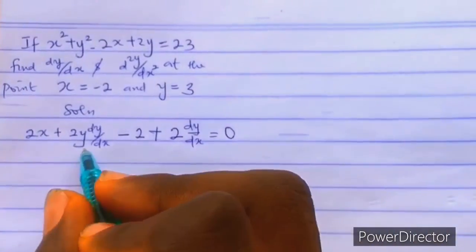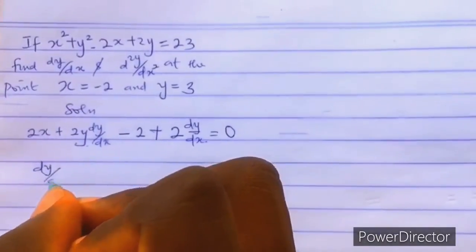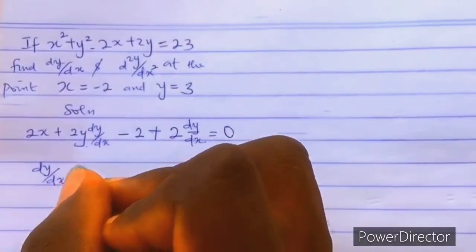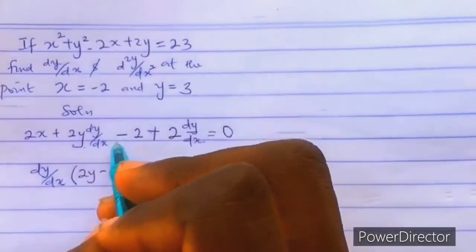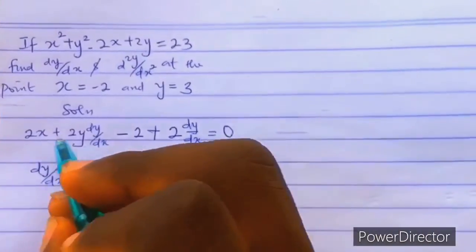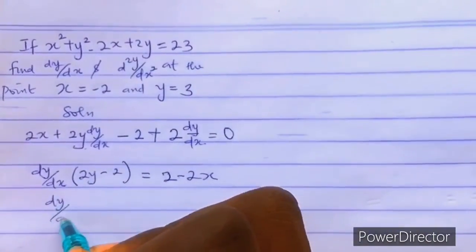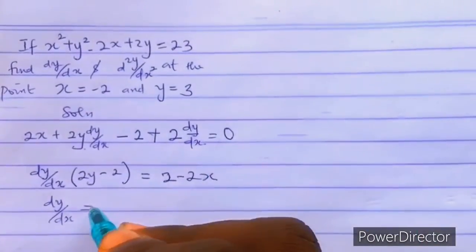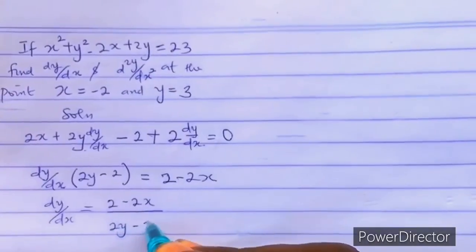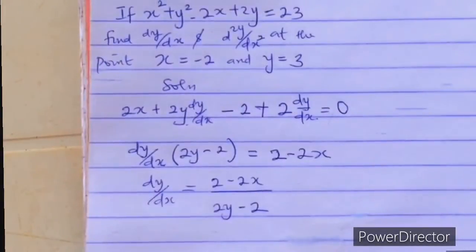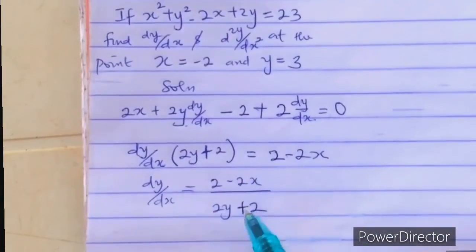Now let me pull these together, collecting like terms, and that will be dy/dx (2y - 2) equals, when this comes here it becomes 2, and when this comes here it becomes -2x. That will be dy/dx equals 2 minus 2x all over 2y minus 2. Oh, sorry, this should be addition, this should be plus, and this should also be plus.